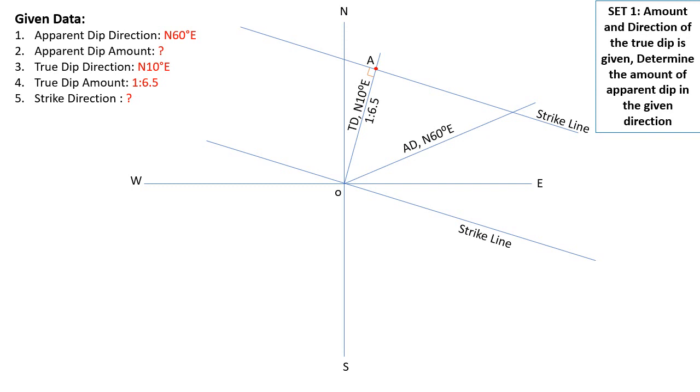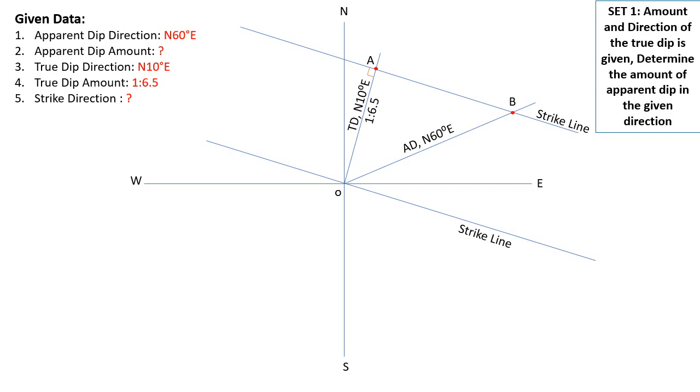Now this line of north 60 degree east, where it meets the strike line, that point is the required answer, that you can name as B. Okay, so how did we get the point B?